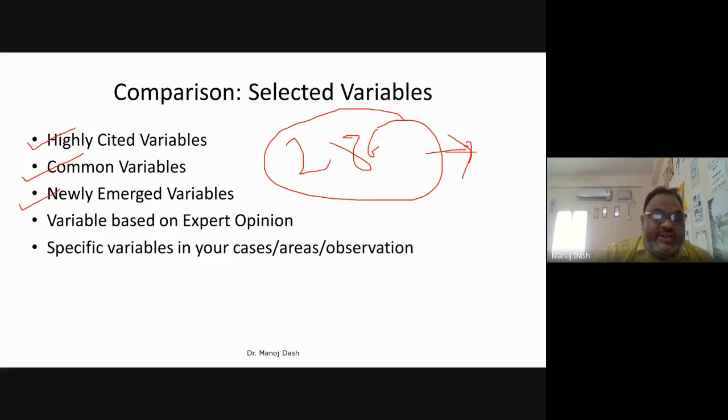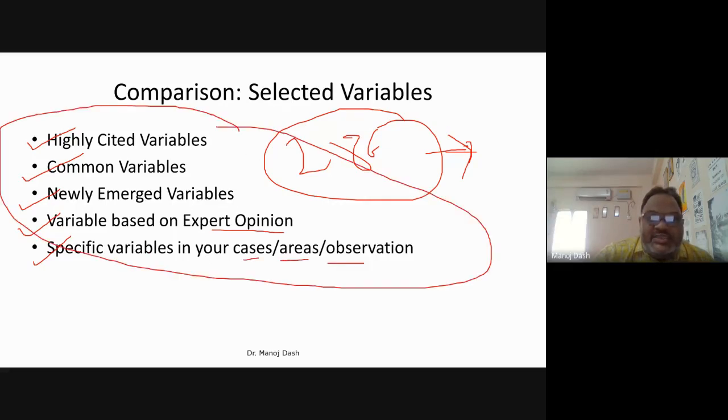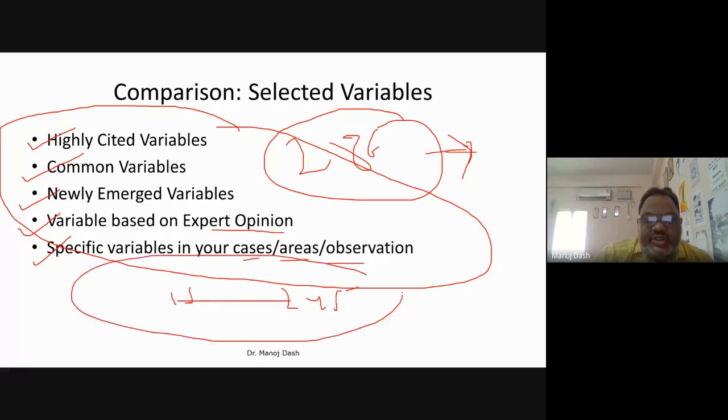Third, you select newly emerged variables, that is, recent variables which are not talked about by other authors. Then you take variables based on expert opinions, and then some variables related to specific area observation. If you apply these five fundamental concepts, you can generally conclude minimum 40 to 50 variables for your study to apply multivariate analysis.